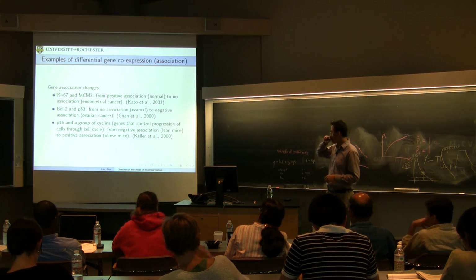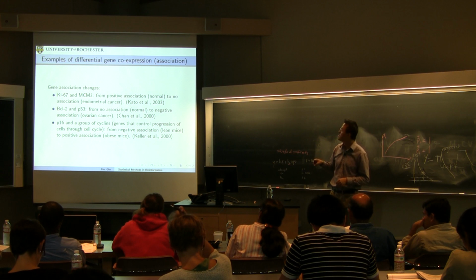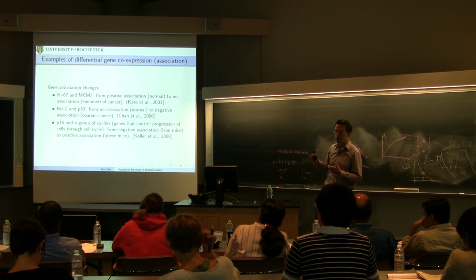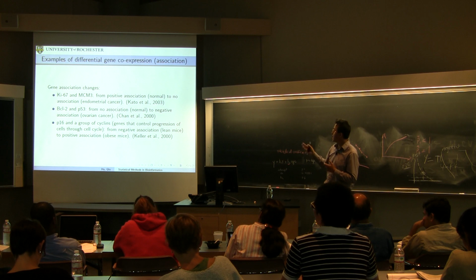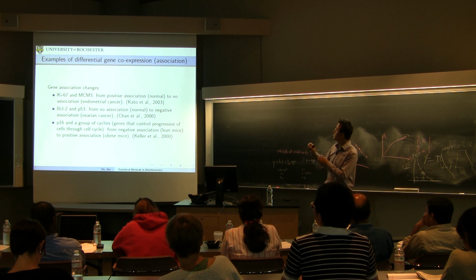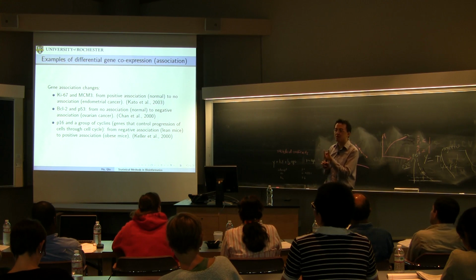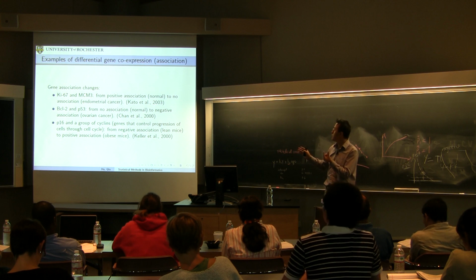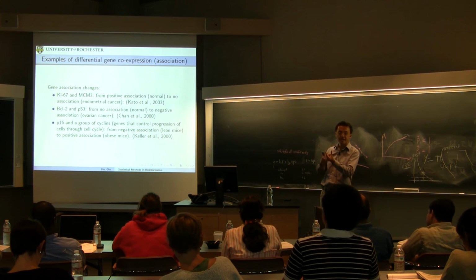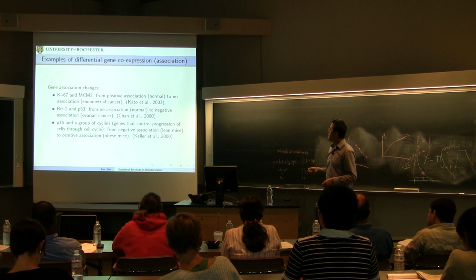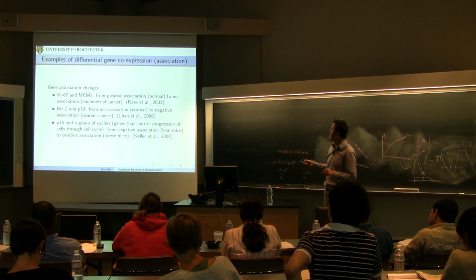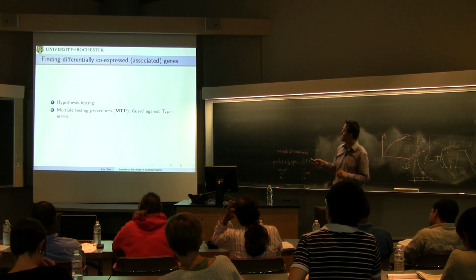Here are several examples I grabbed from the internet, which show that such a scenario does exist. In normal people, some genes are correlated, but in the diseased they are not, or are negatively correlated. You can take a look later on the handouts.